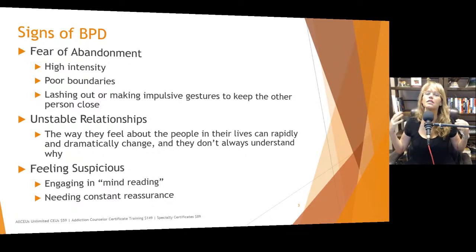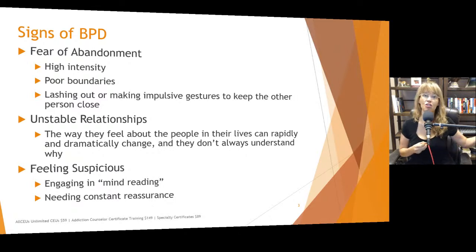And there are a lot of reasons why these behaviors developed and why they make sense from a developmental perspective. Again, way too much to go into in this presentation. But recognize if you're in a relationship with someone who feels suspicious, they are often engaging in mind reading, trying to figure out what you're thinking, putting words into your mouth.